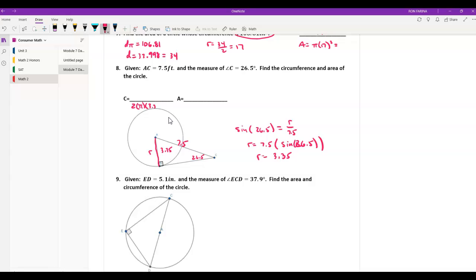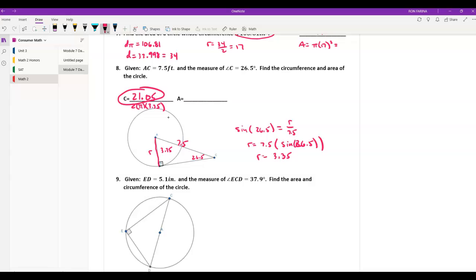So once I have this is 3.35, now to find the circumference, that's 2 times pi times the radius, 2 times pi times 3.35, will give you 21.05 units long. That would be your circumference, right?